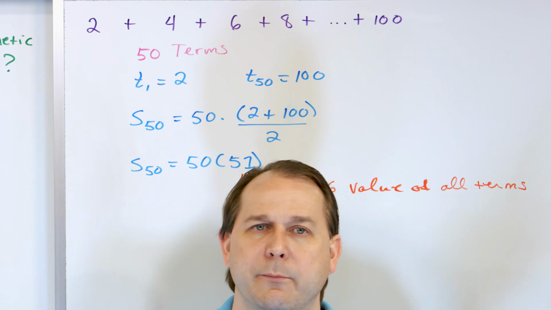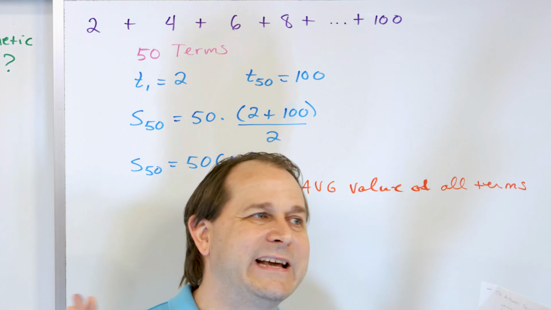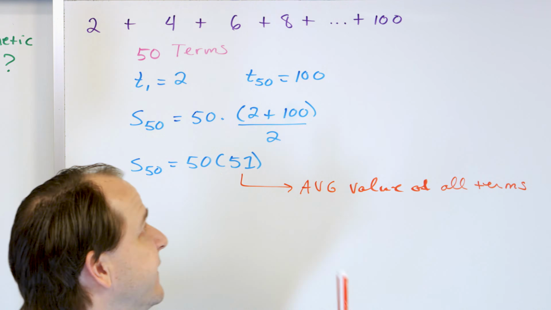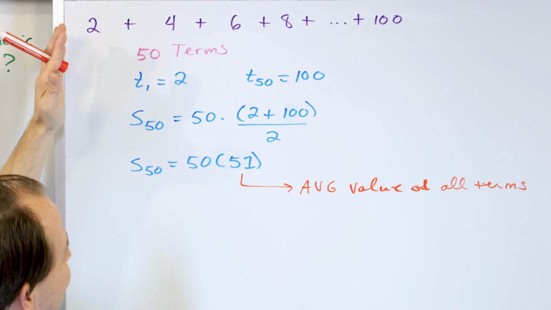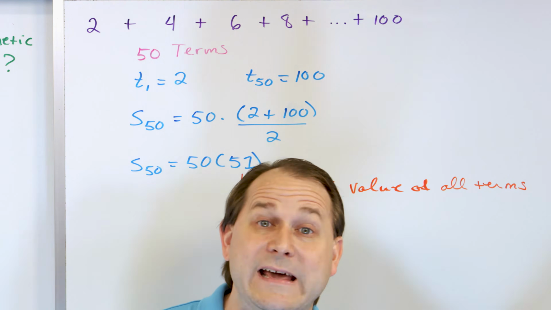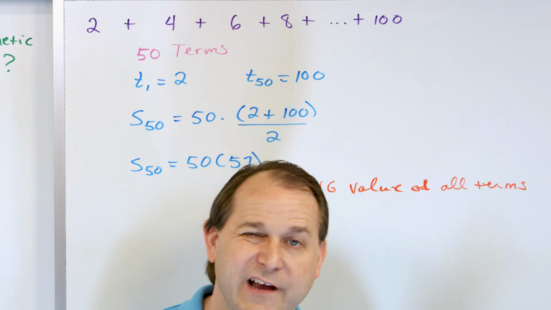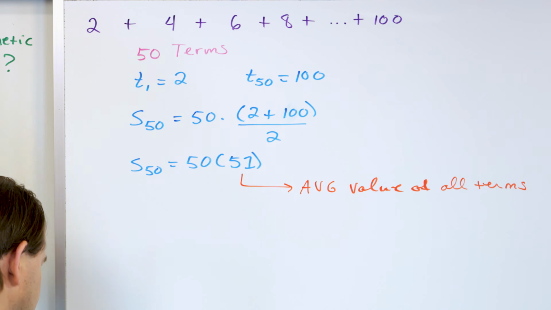So by finding an average value in the middle and knowing how many terms I have and multiplying, I'm going to get the actual sum of everything. Again, some of the terms will be too small and contribute less to the sum, but the terms on the other side of this number are going to be too big and will overcompensate. It'll all balance out so that the actual sum is going to exactly equal this.